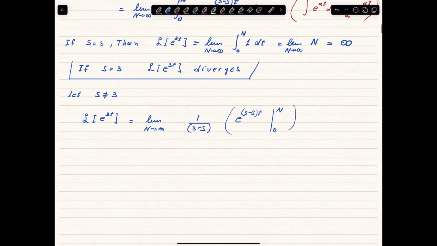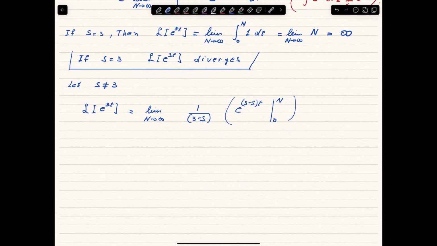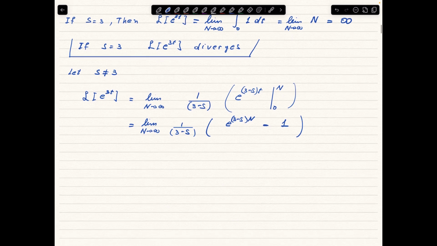So we can rewrite this as the limit n goes to infinity of 1 over 3 minus s, times exponential 3 minus s times n, minus the value at 0, which is 1. This quantity doesn't depend on n, so we can move it outside the limit.